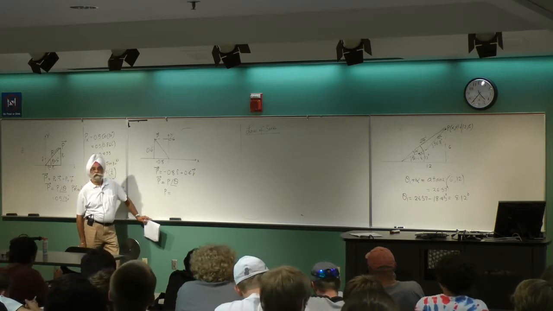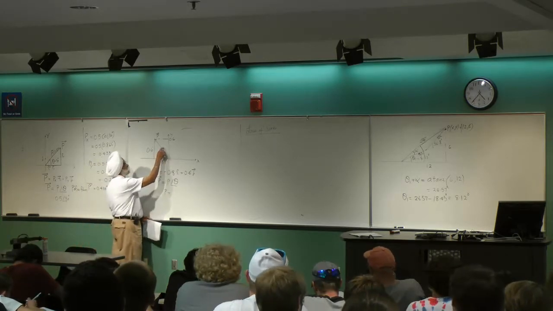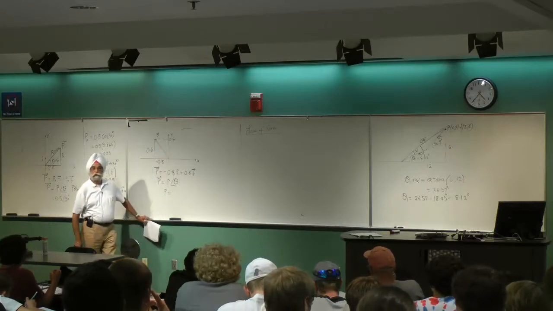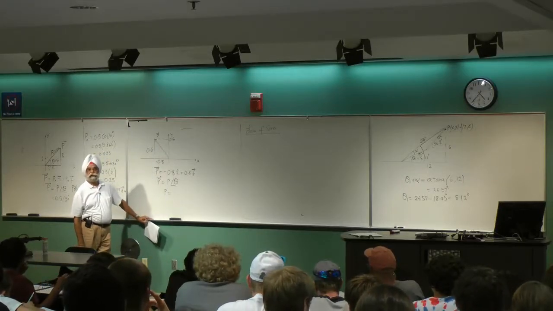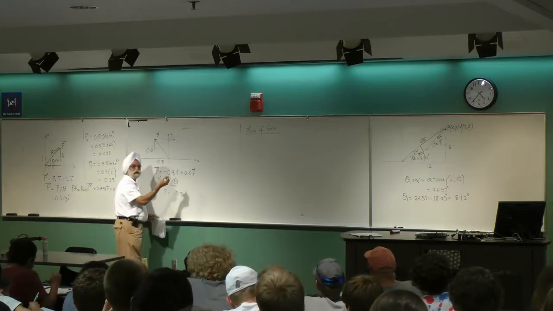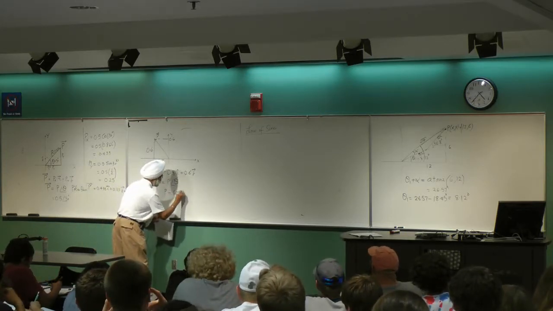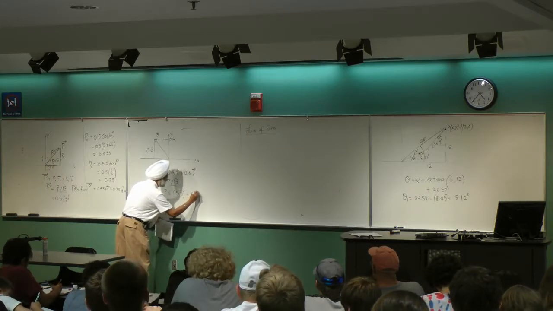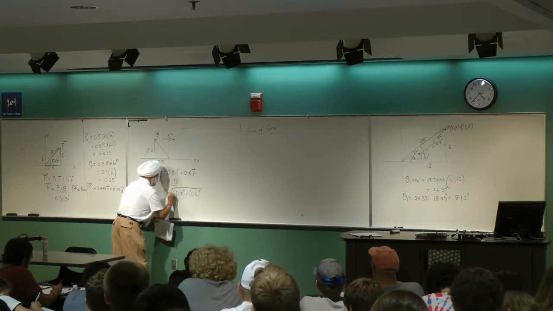So what would this be? Square of minus 0.8 plus square of 0.6. You can call minus square if you like. I wouldn't worry about the minus sign there because it's going to be squared anyway. It's that, right?